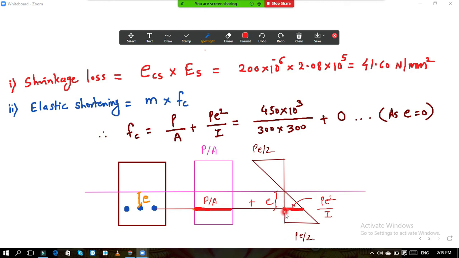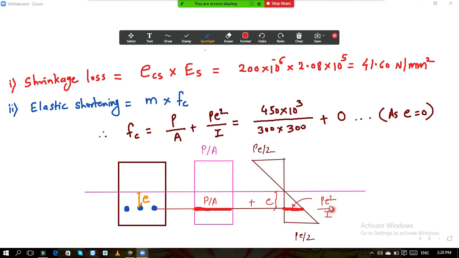So this is the extreme distance. This is your y. For a distance of y, it is Pe by Z. For a distance of e, how much is it? In that way, this can be calculated.